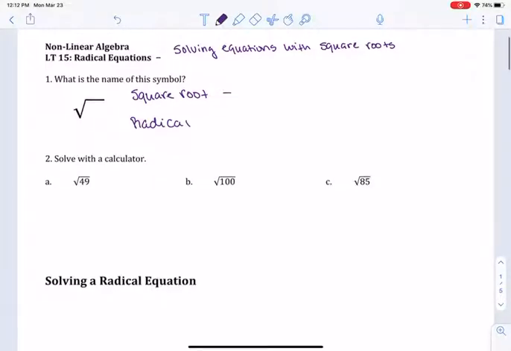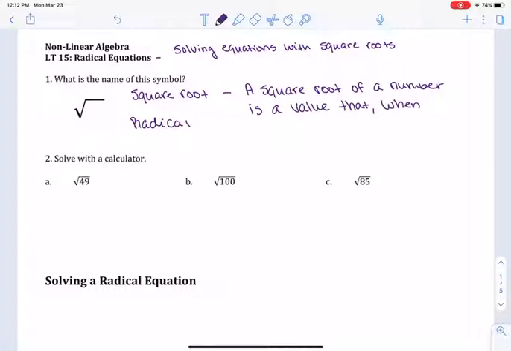So just for a definition here, a square root of a number is a value that, when multiplied by itself, gives the number.